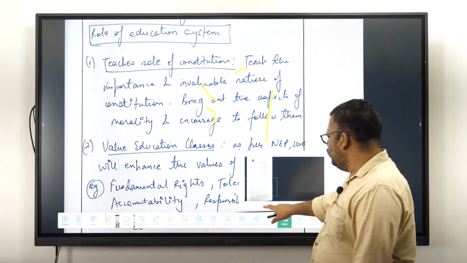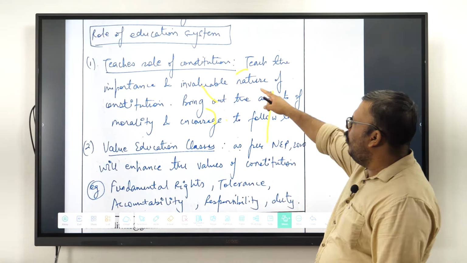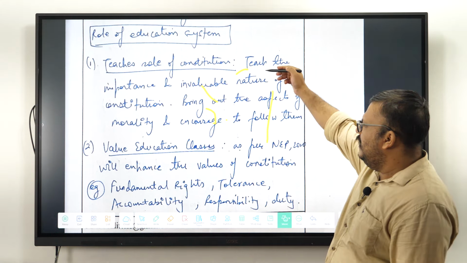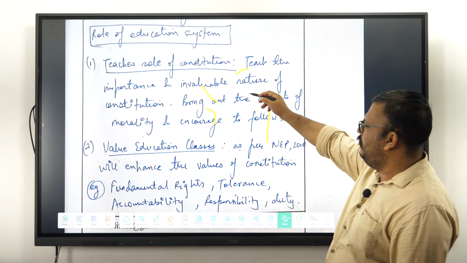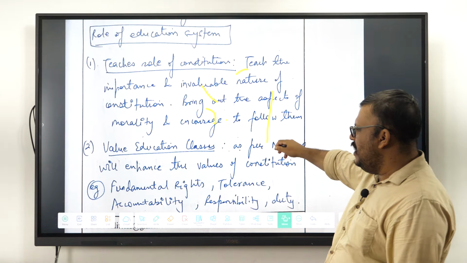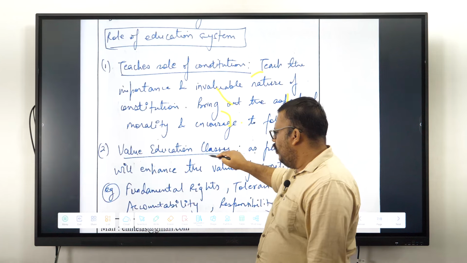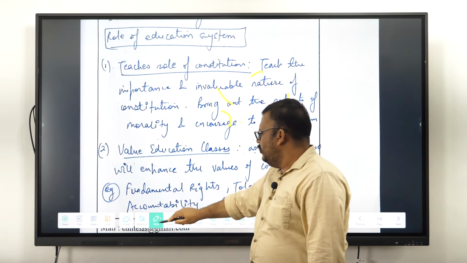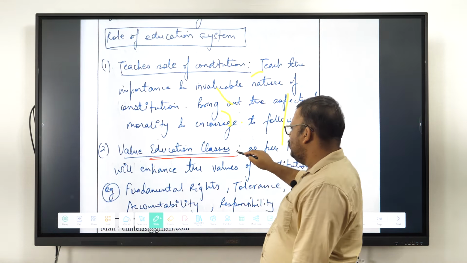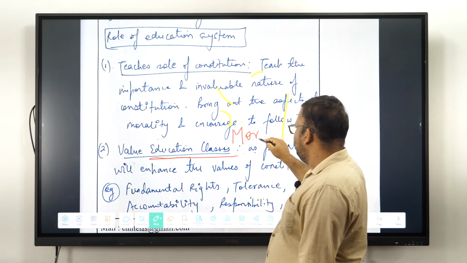When he moves towards the demand of the question, so the role of education system, he is trying to bring role of teachers, role of value education or the books. Either it can be value education or it can be books. So here value education or moral classes.